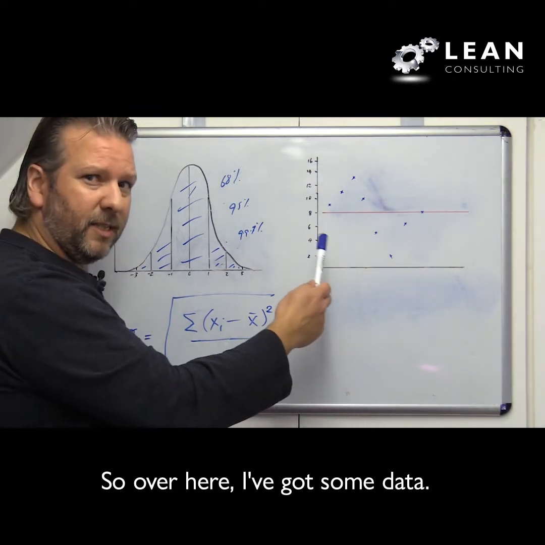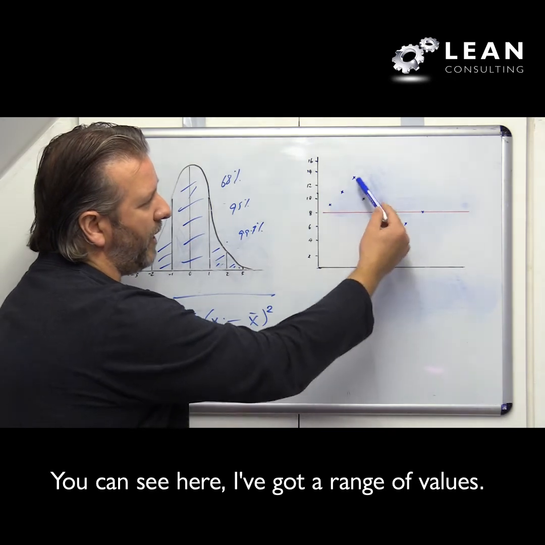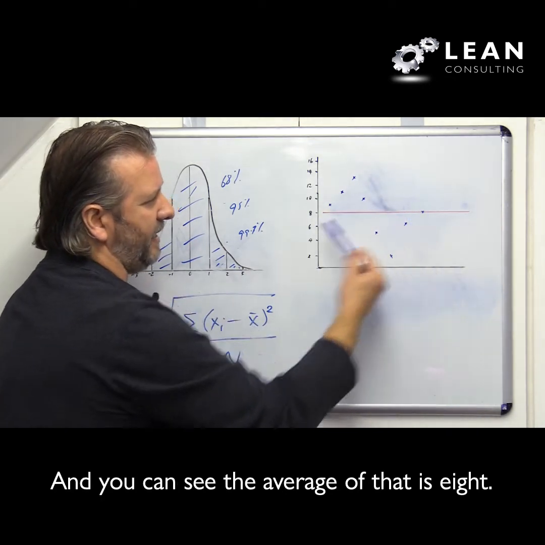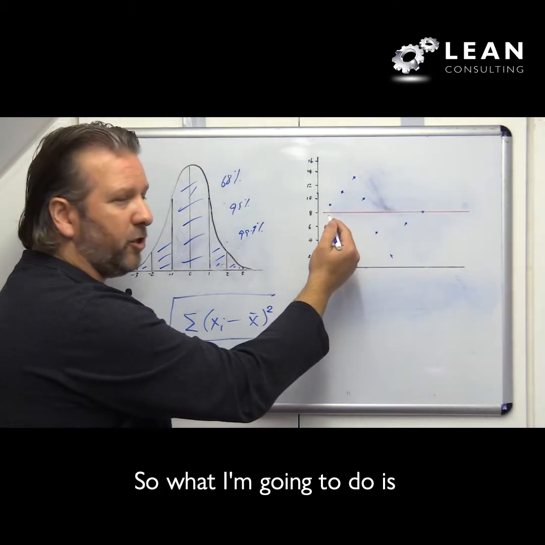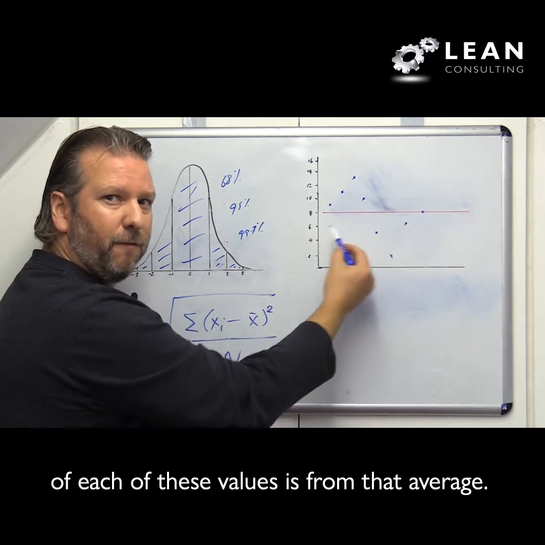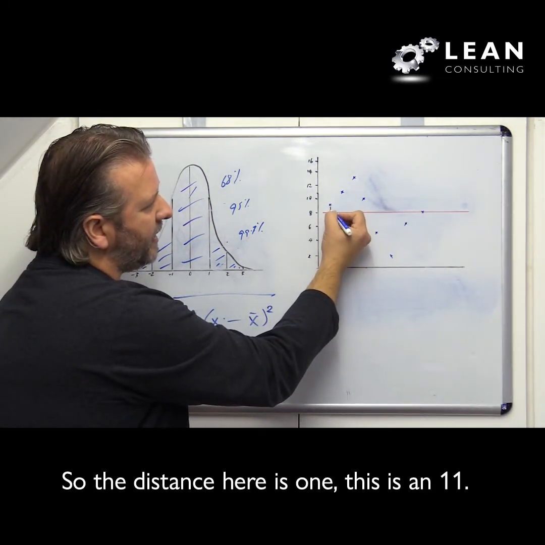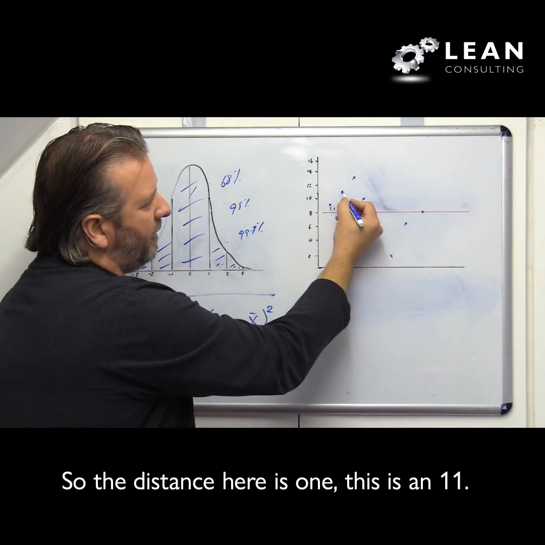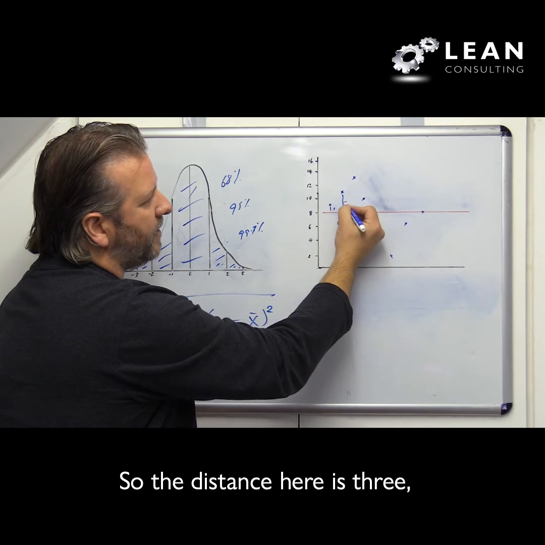So over here I've got some data. You can see here I've got a range of values, and you can see the average of that is 8. So what I'm going to do is look at what the distance is of each of these values from that average. This is a 9, so the distance here is 1. This is an 11, so the distance is 3.